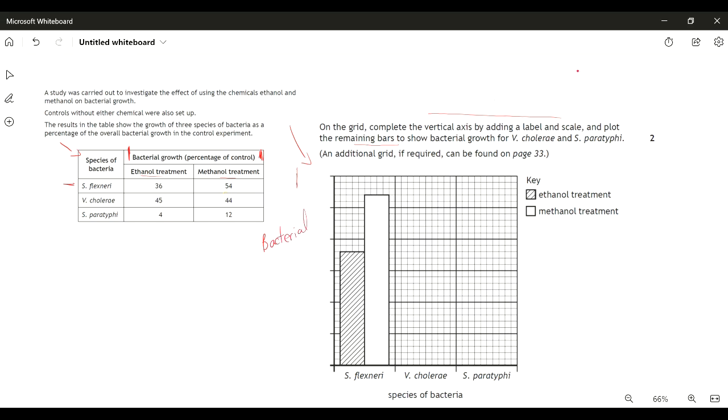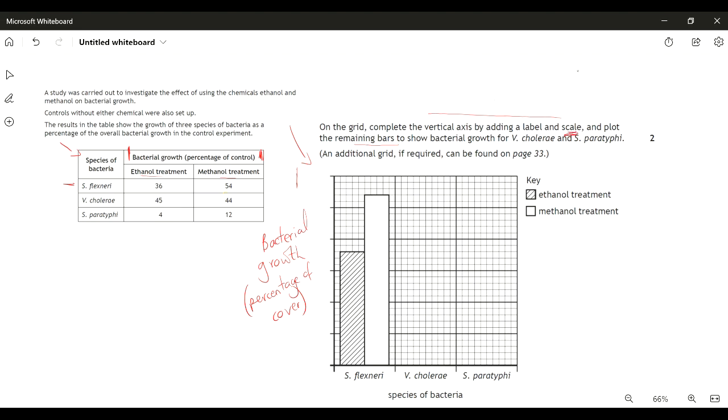So we say bacterial growth, and then the units are percentage of cover. Okay, word for word, no abbreviations. So that's for half of that first mark. We don't give out half marks, but that absolutely needs to be there for the first mark.